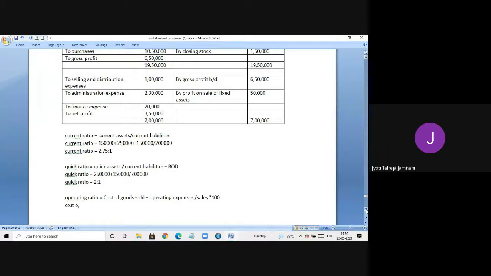So cost of goods sold equals opening stock plus purchases minus closing stock.